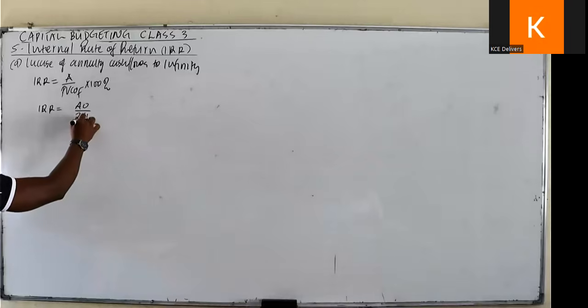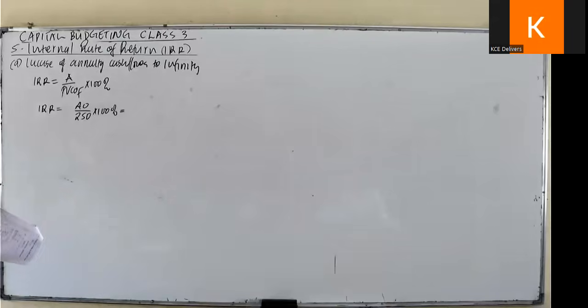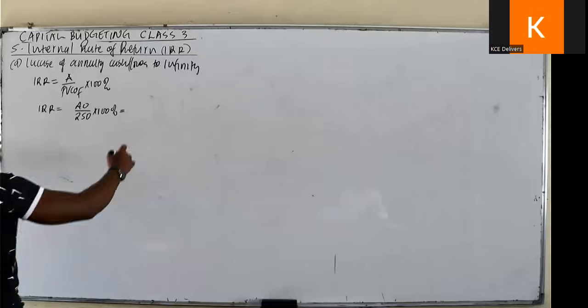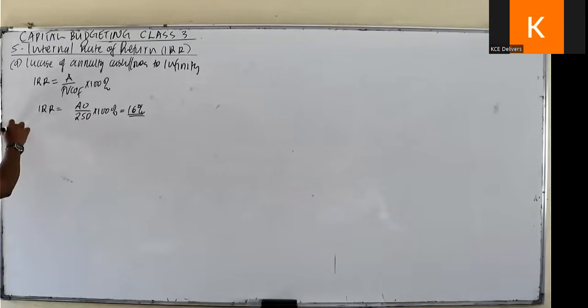This project will require 250 million to invest, times 100. So what do you get? 40 over 250, you get 16%. You can show that.